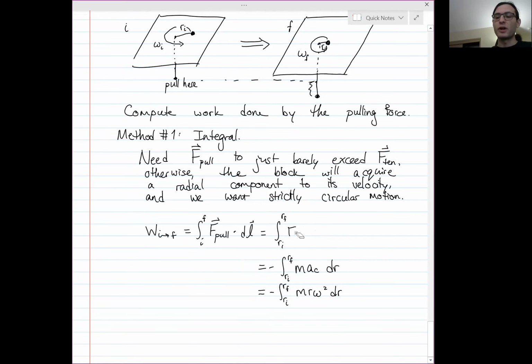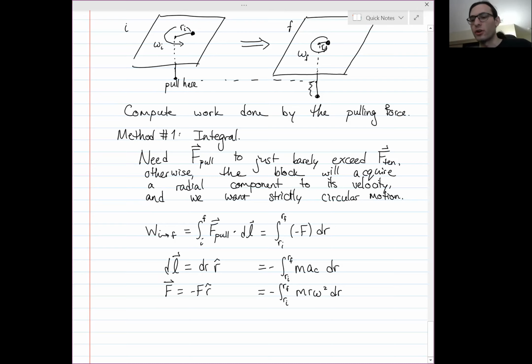So that's a fair point. Technically, it should be negative F dr. I should fix that in my notes because that's a good point. The force is pointing in the opposite direction of dl. So dl in this case is just the dr vector in the r hat direction, and F is negative F in the r hat direction.